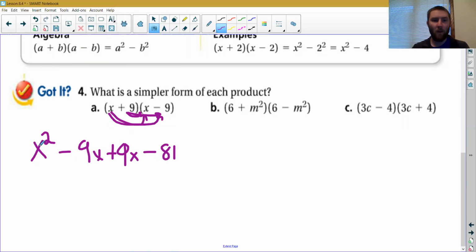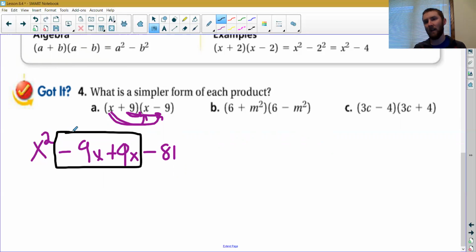Okay? So I have this polynomial, and then I'm going to combine the 2 pieces in the middle. So I want you to focus on these 2 pieces now. Okay? It says negative 9x plus 9x. So I have negative 9x's. I add positive 9x's, positive 9, negative 9. When I add them together, what do I get?